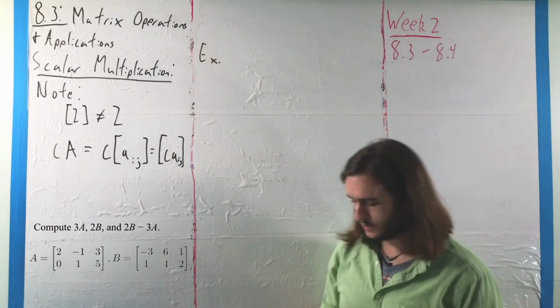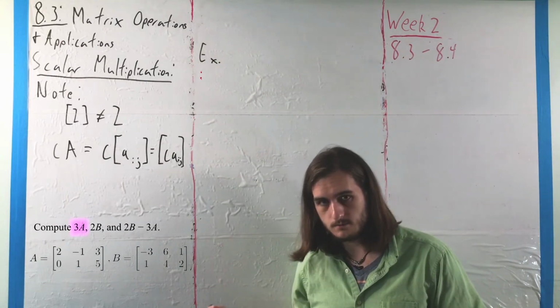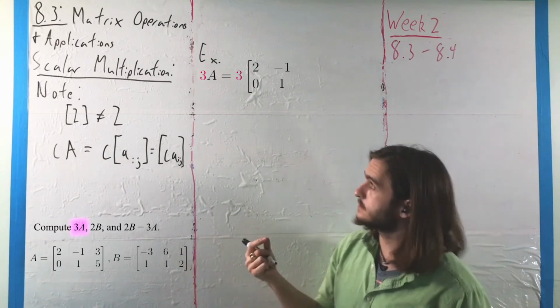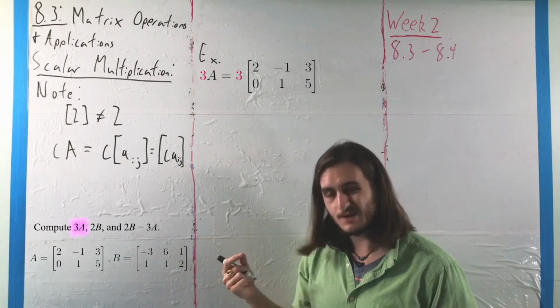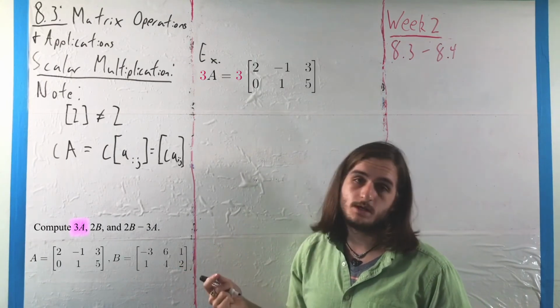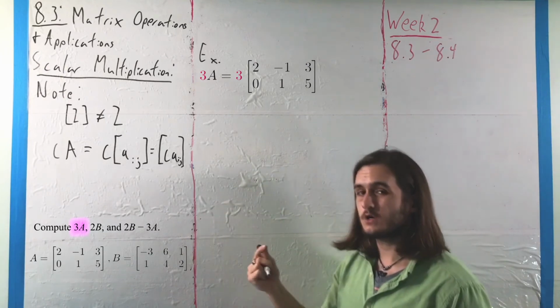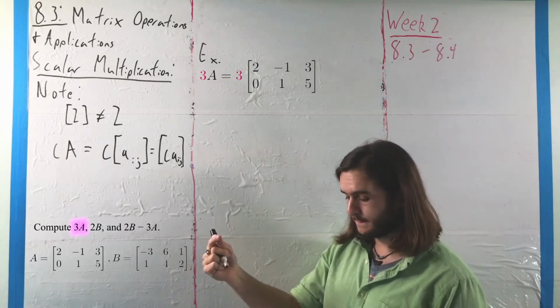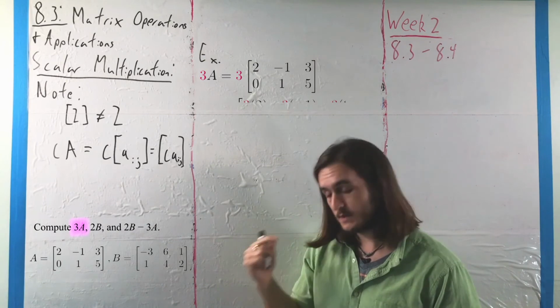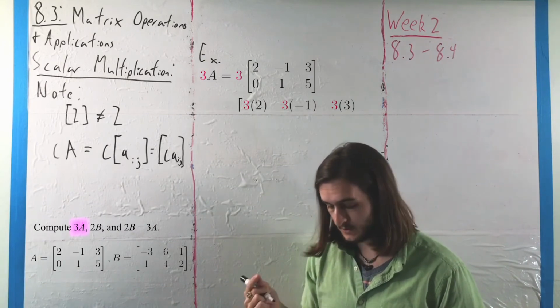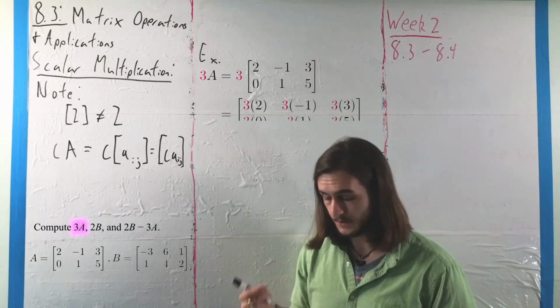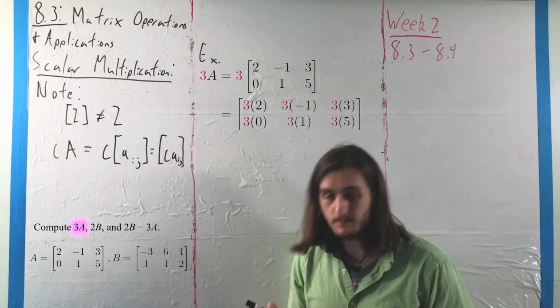So starting with 3A, we can think of that as 3 times the matrix A, and then we can think of that as 3 times each of the terms taken one by one. So 3 times 2, 3 times -1, 3 times 3, 3 times 0, 3 times 1, and 3 times 5.